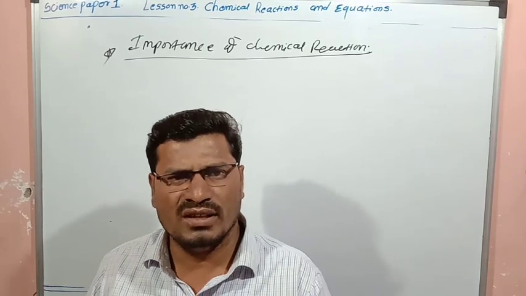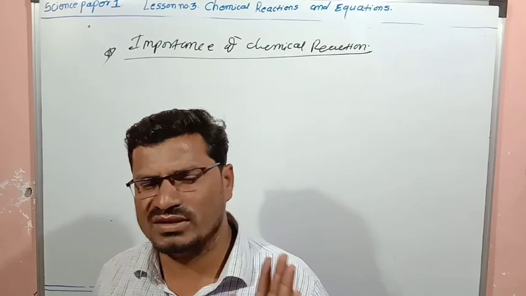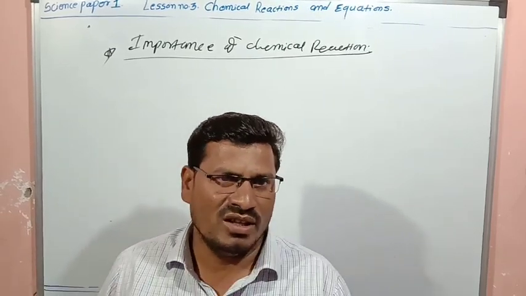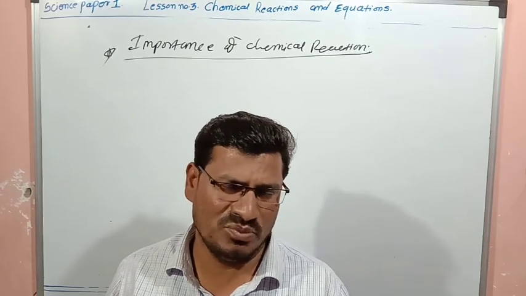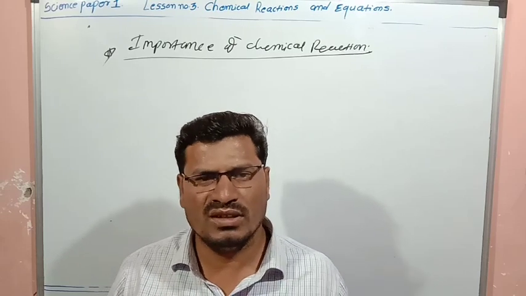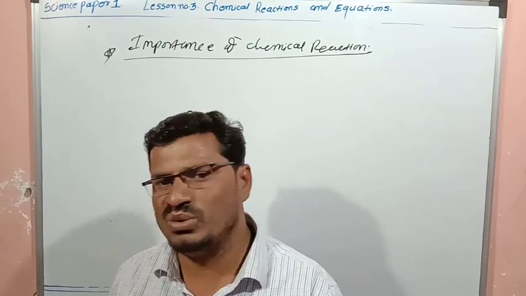In a chemical reaction, reactants react together and get converted into products. New substances are produced. Second point: in a chemical reaction, the mass of the reactants and the mass of the products, the mass of the substance, is conserved. Third point: in a chemical reaction, the number of atoms is also conserved.